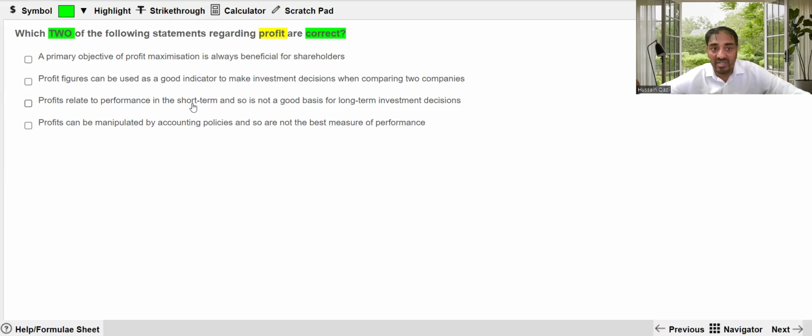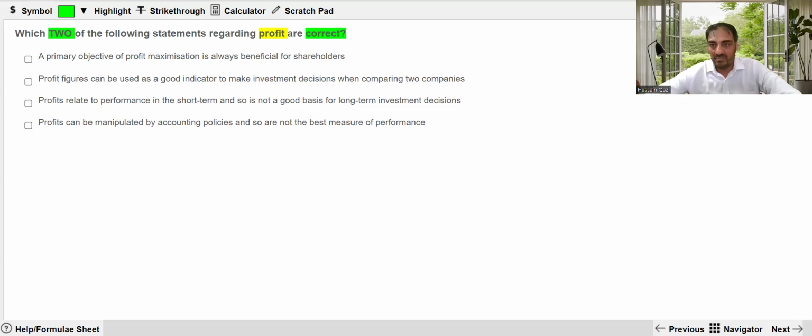Profit relates to performance in the short term, and so is not a good basis for long-term investment decisions. Profit can be manipulated by accounting policies and is not the best measure of performance. Okay, so you have read the options as well. Identify the syllabus content, and identify what the examiner expects here: two correct statements.